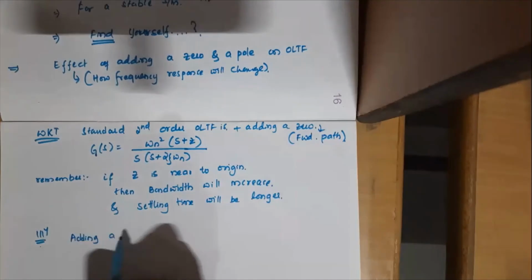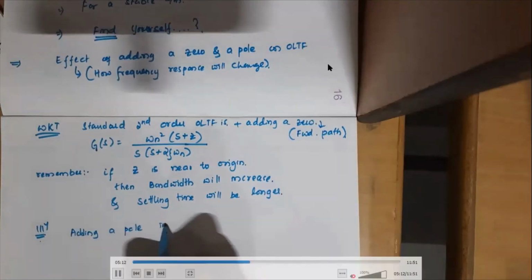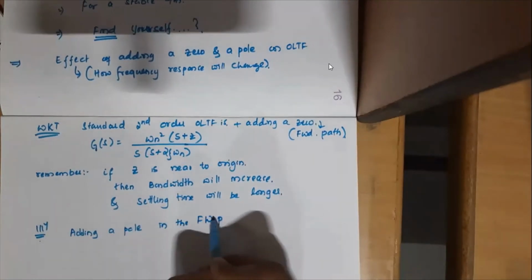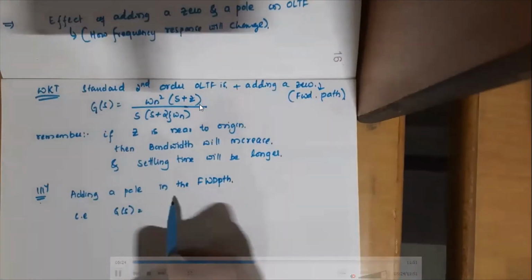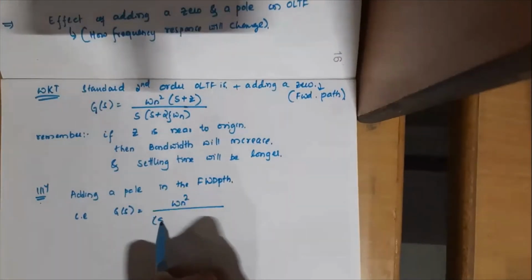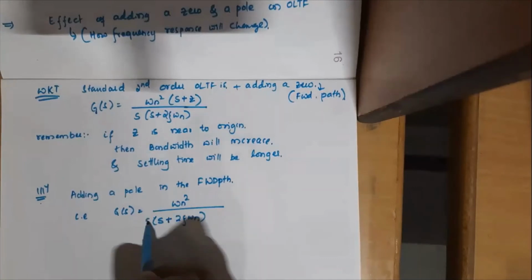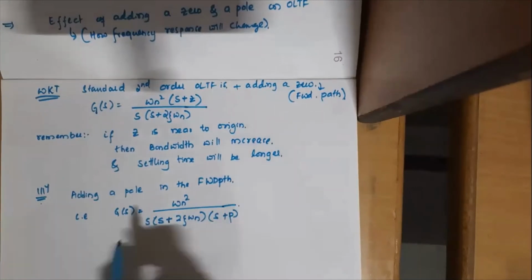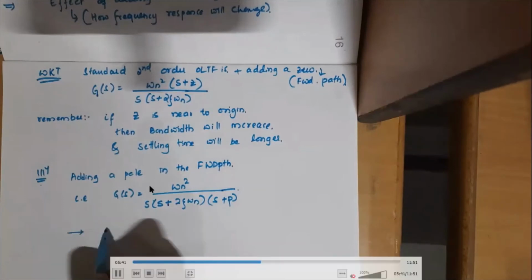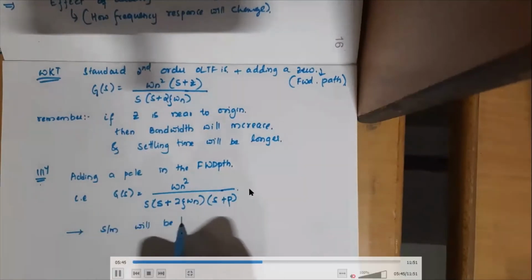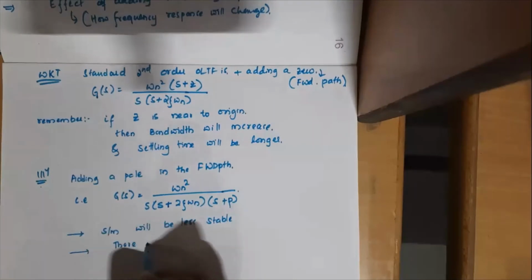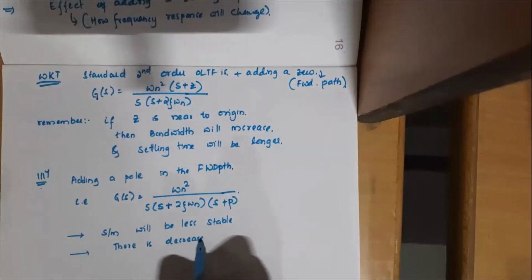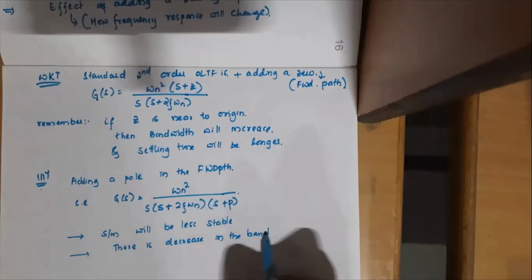What we'll do is add a pole or zero in the forward path. This is how the forward path addition is represented. Similarly, if we add a pole in the forward path, that is in the denominator, it looks something like this. The consequence is that the system will become less stable and there is a decrease in the bandwidth.